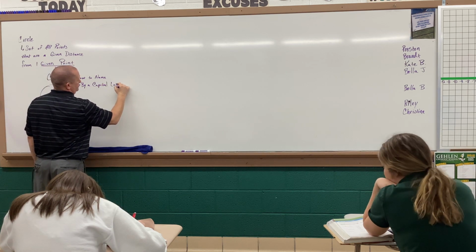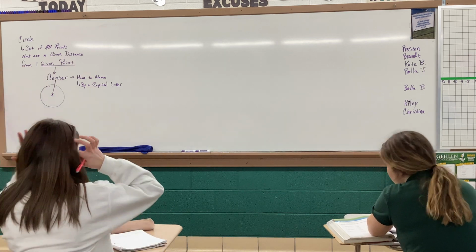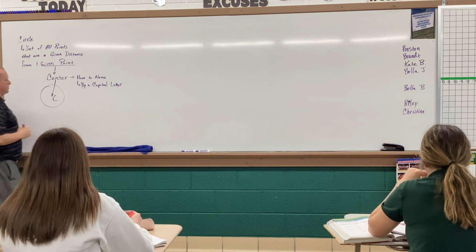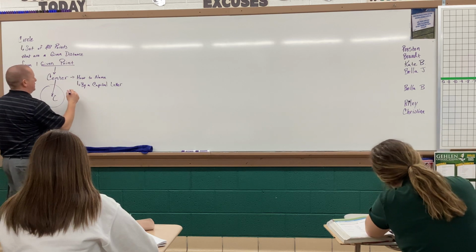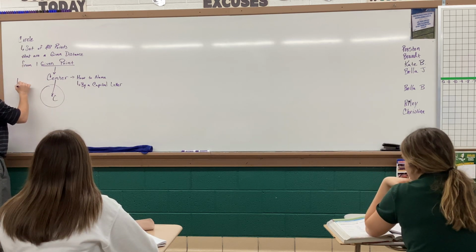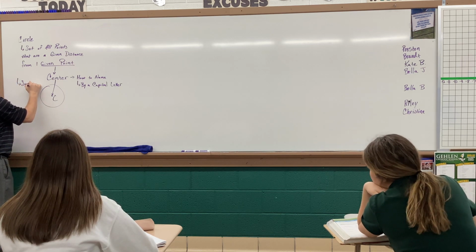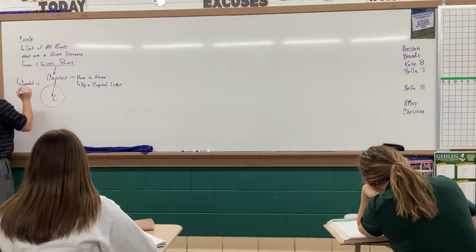And how you name it then is by a capital letter. And as I told the 7th, we actually did this in 7th grade today too. So we're doing the same exact thing. So we call it C for circle. And a symbol for circle is just a circle with a dot in it.